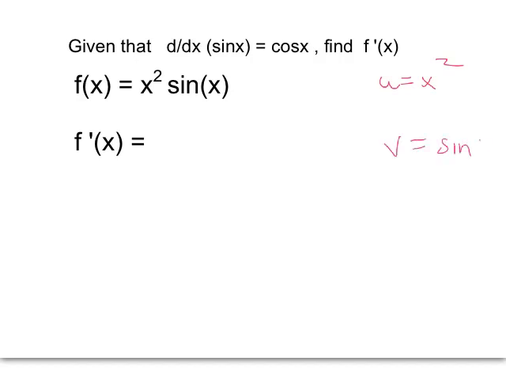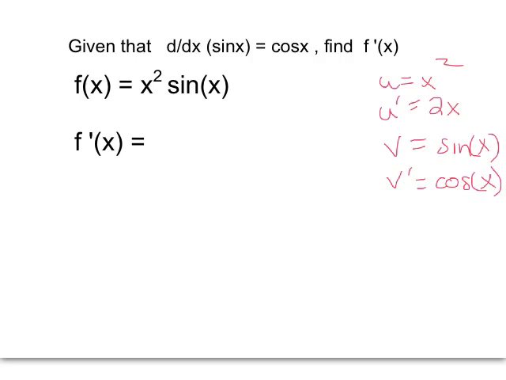We're taking x squared times the separate function sine x. So let's find u prime then. U prime is, remember, you throw the exponent out front, base stays the same, the exponent goes down by 1, it becomes a 1. 2 minus 1 is 1. And then I told you up above that v prime is cosine x. That's just a fact. Just trust me for now.